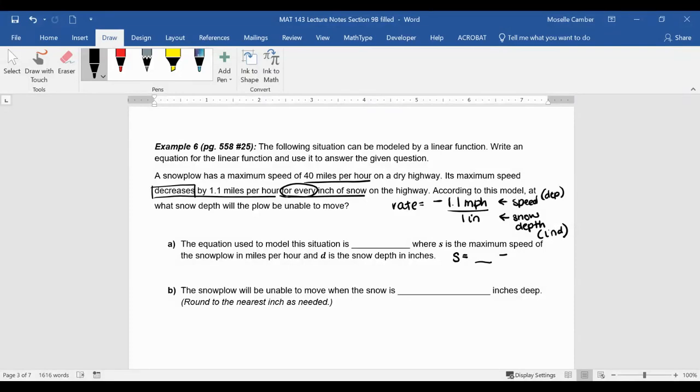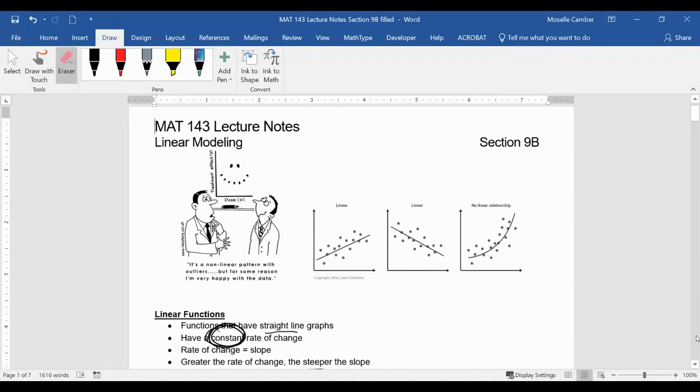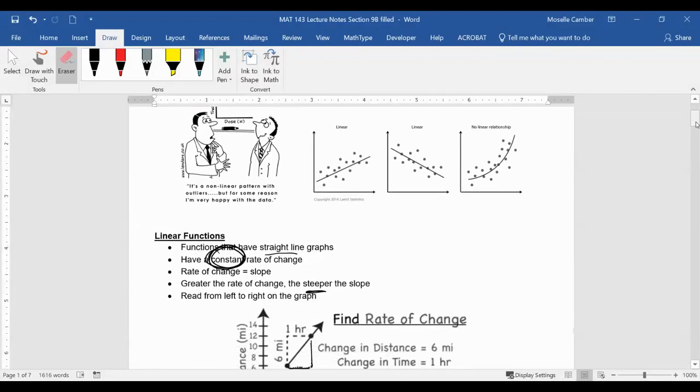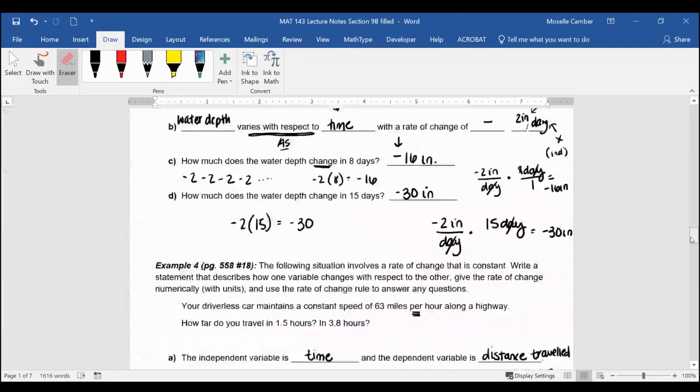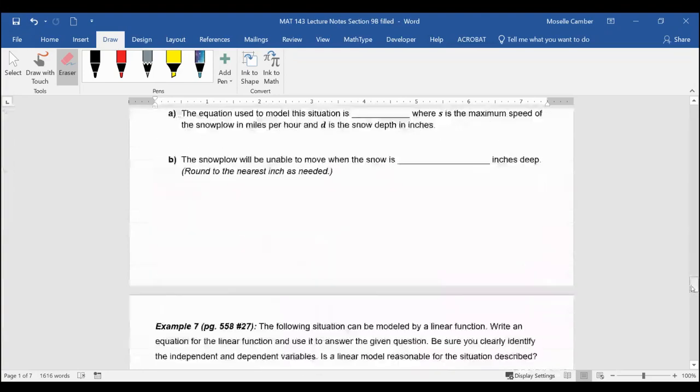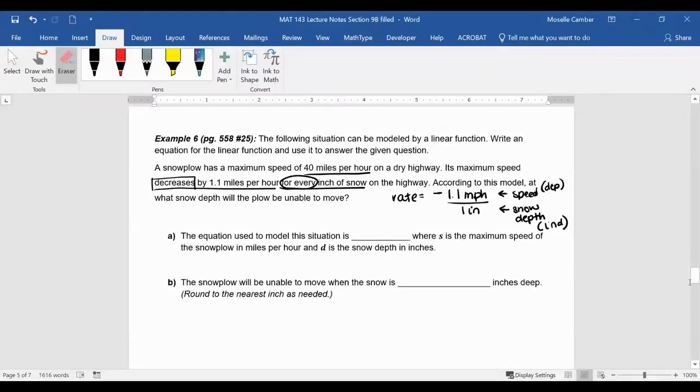and so M, actually let's back up a little bit. Okay. So I know I'm going to use S and D, but I still need my B and my M. So B is going to be where we start at.